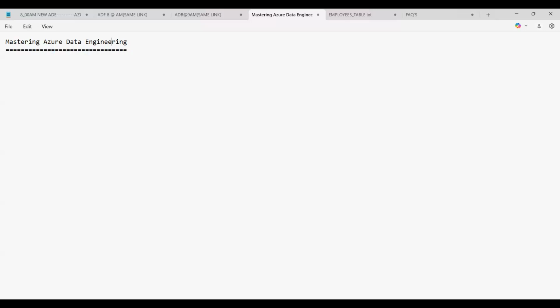Azure data engineering provides the solutions for the following. It's a bunch of cloud services, not a single service. We have many cloud services available in Azure Data Engineering.